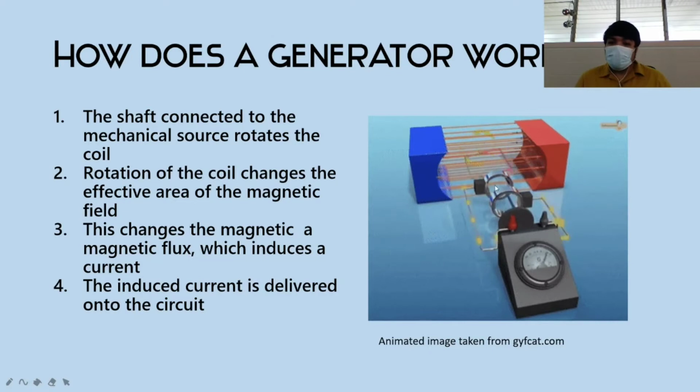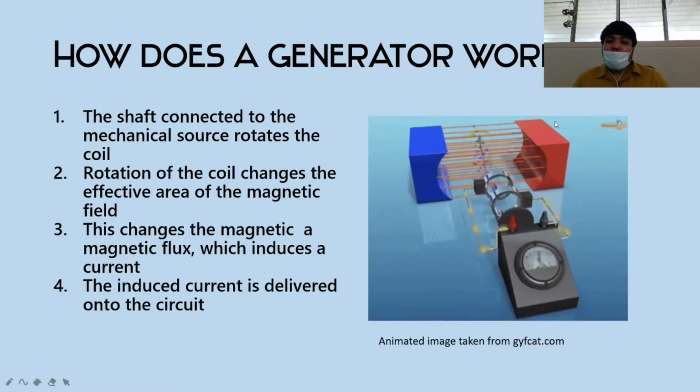Now, since the coil is in between two magnets, the magnetic field lines of those magnets, let's say the red part here is the North Pole and this part here is the South Pole, pass through the area bound by the coil.